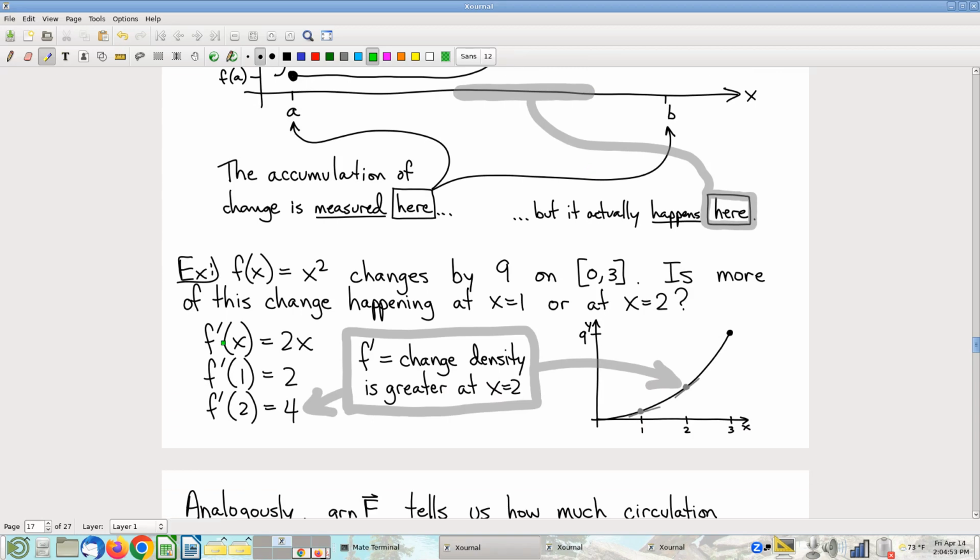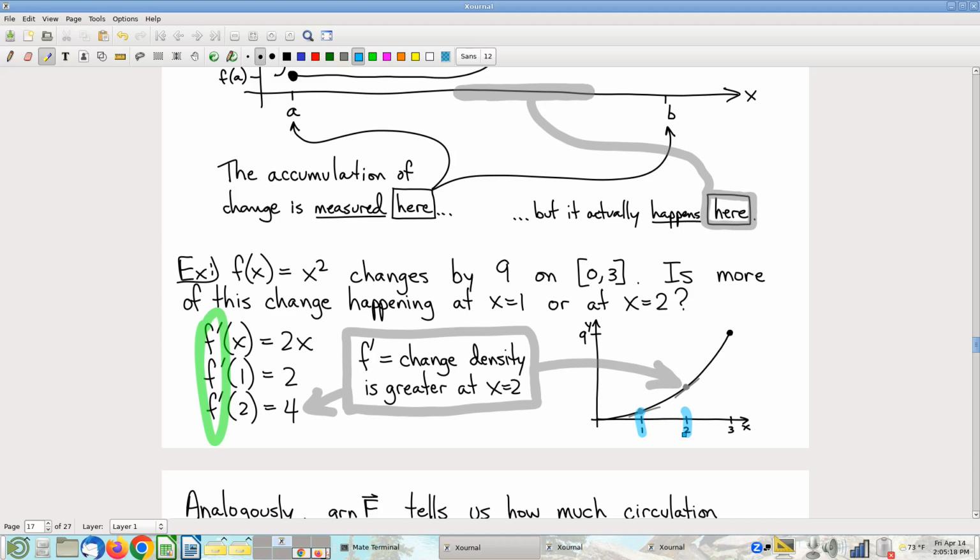The derivative is the indication of where that is, or more specifically, how densely distributed that is in various different places. So, for example, if I'm interested in these 2 points, 1 and 2, and I've got this function f here, and it's changing, where's the change happening?